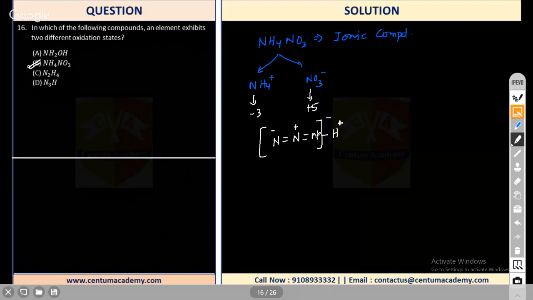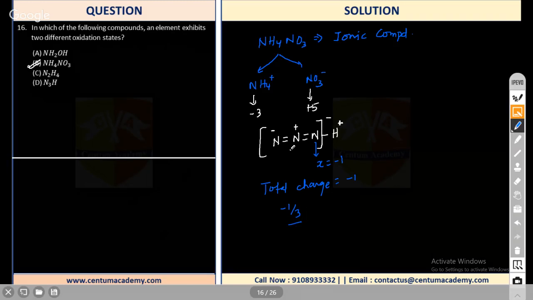So oxidation state on this nitrogen atom, if you try to find out, this one X is equal to -1. So total charge on nitrogen atom is what? Is -1. So charge on each nitrogen atom is -1 by 3.